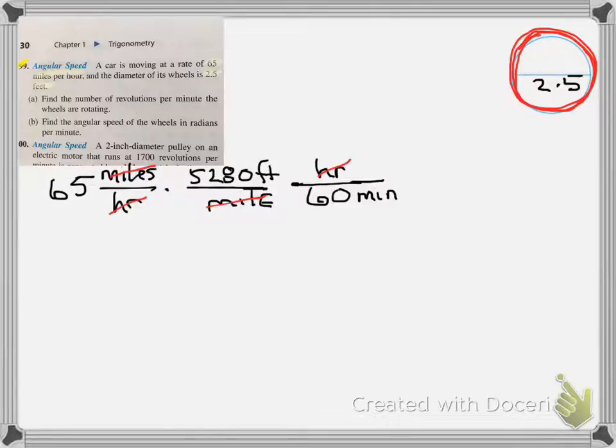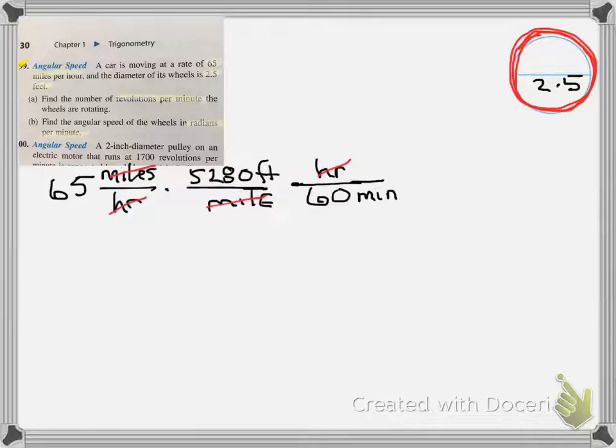If I do all the calculation here, 65 times 5,280, divided by 60, I would have my number of feet per minute. But I want revolutions per minute, and I also want the angular speed of the wheels in radians per minute.